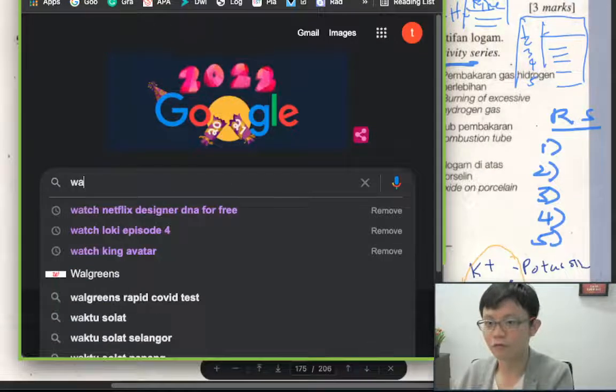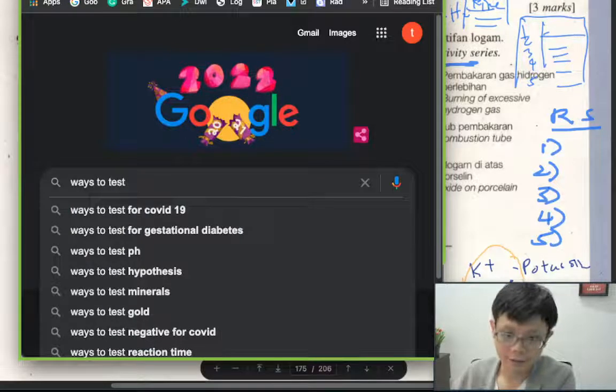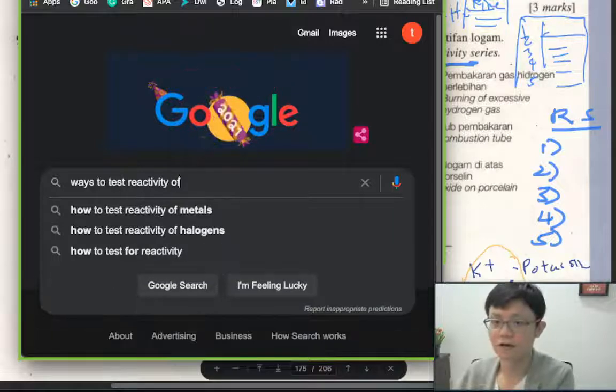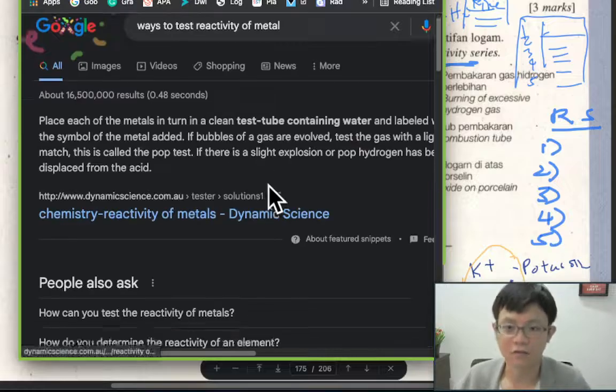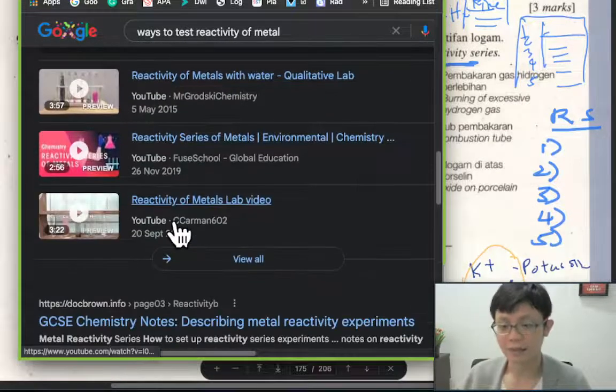Maybe you type ways to test reactivity of metal. Then you can read and see the picture, and reading will be the best.